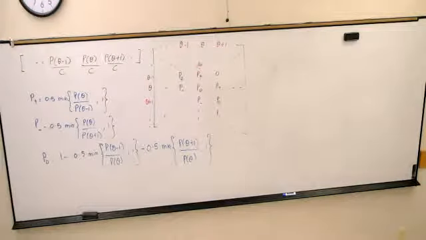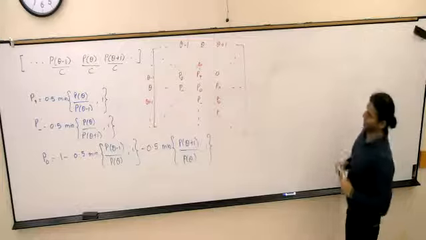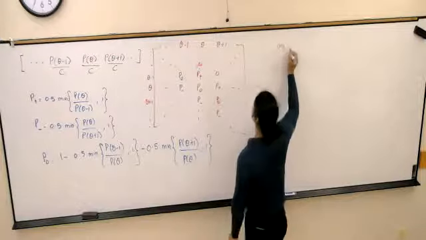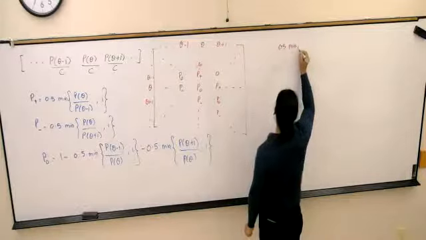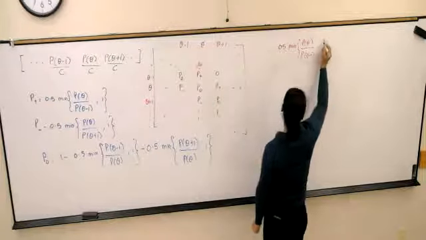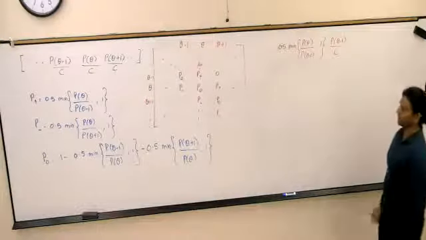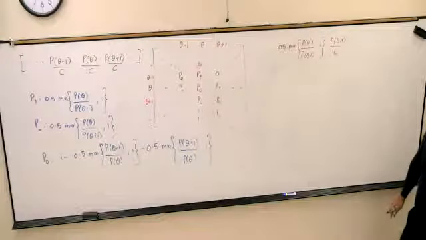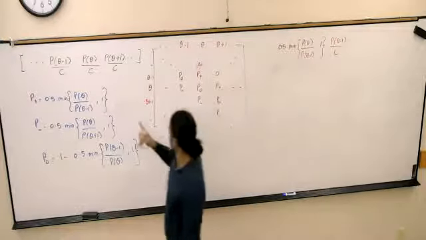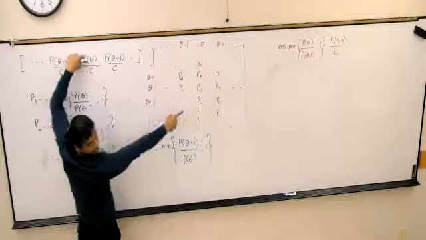So if you multiply that row vector by all of that, we will get 0.5 times the minimum of P theta over P of theta minus 1, comma 1, times P of theta minus 1 divided by the normalizing constant C. The middle value, so I'm looking at state theta, needs to be multiplied by P0, agreed?